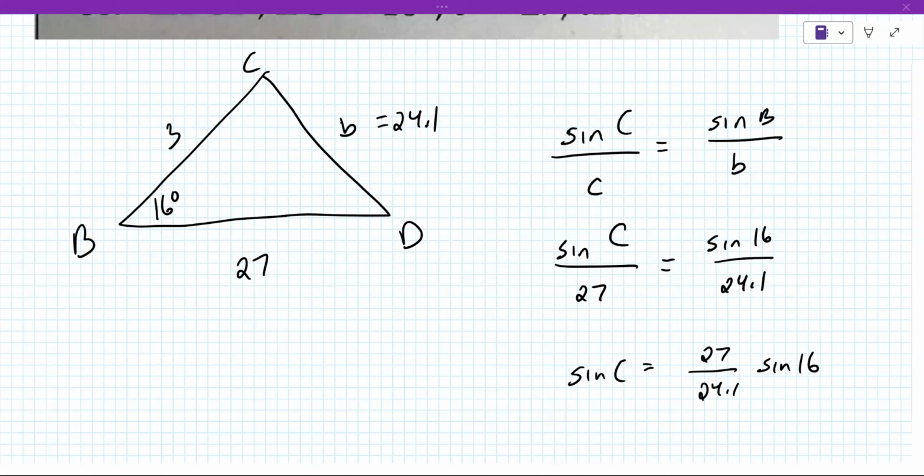Okay, so maybe I didn't enter the information right. That's probably why. Okay, let me try this one more time. Oh yeah, I entered it wrong. That's why. No, that's right.